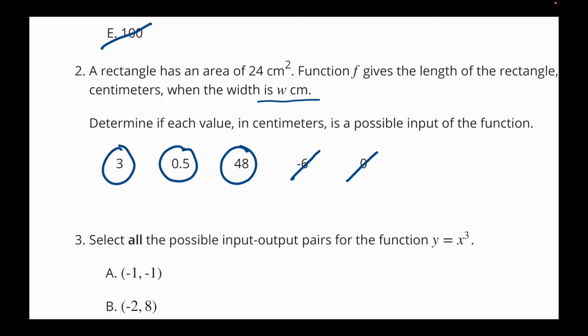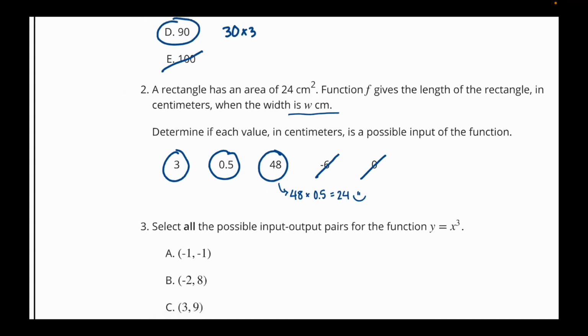So as long as we multiply them by something, and they don't have to be whole numbers, we can multiply each of these by something to get 24. And if you're wondering, Miss B, but how do I multiply 48 by something and get 24? If you multiply 48 by 1/2 or 0.5, that gives you 24. So we don't have to use whole numbers, we can multiply by fractions.